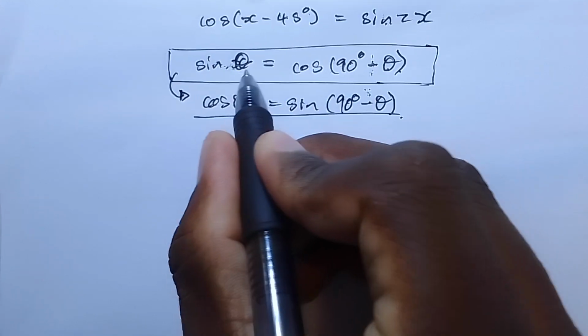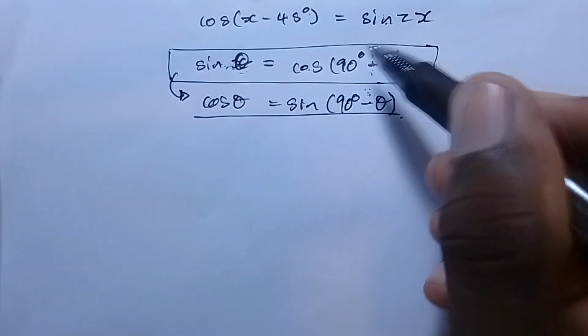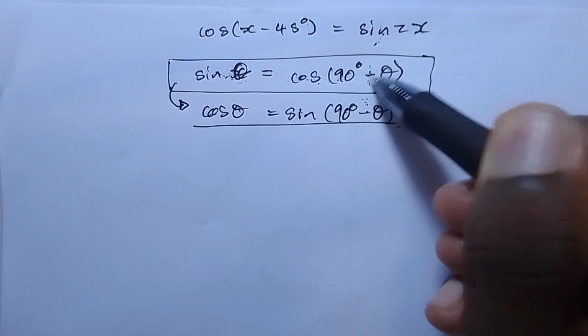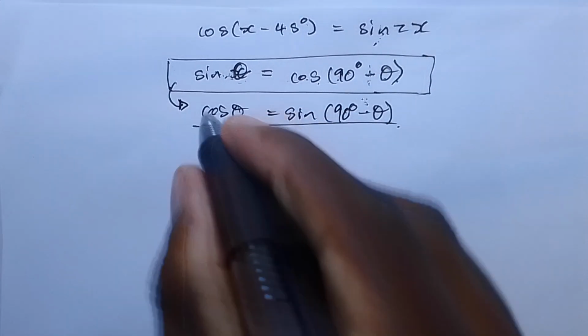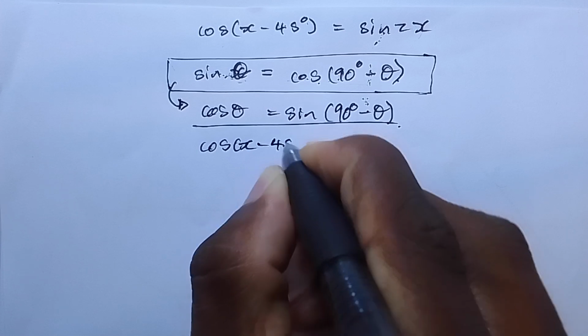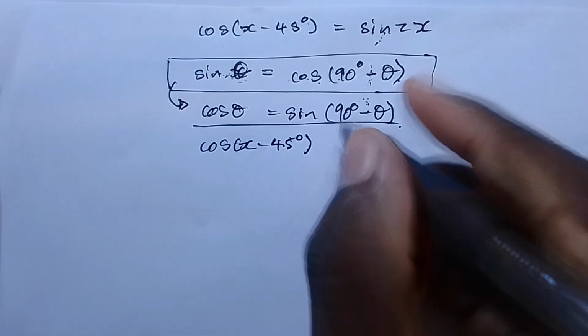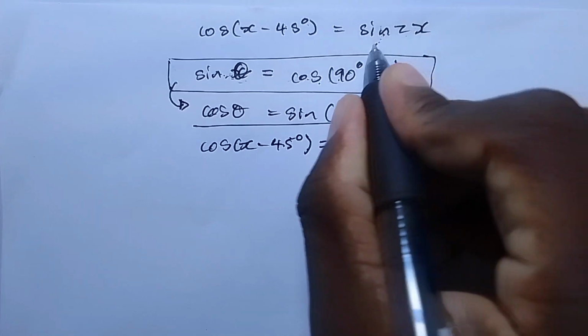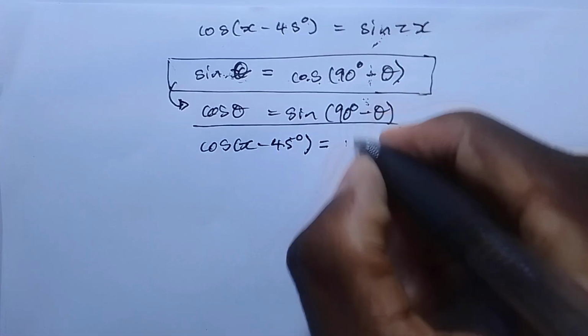So if we have this, we have to change the sine to be cos(90° minus whatever angle is inside). So we have cos(x - 45°) is equal to, it was equal to the sine, but now the sine will change to be cos.